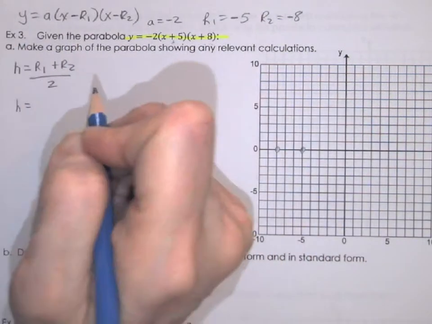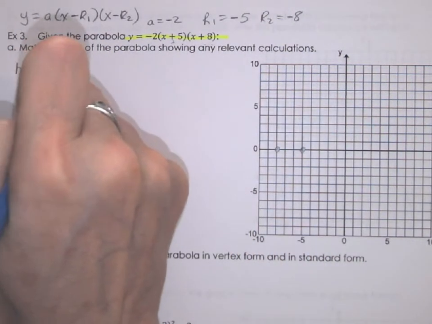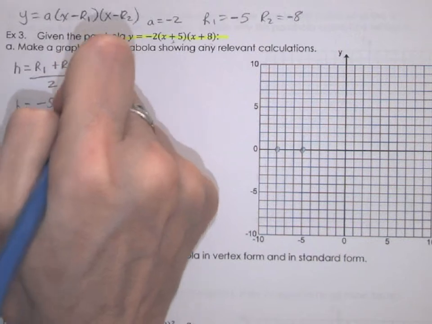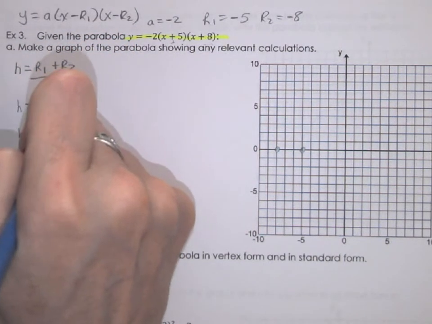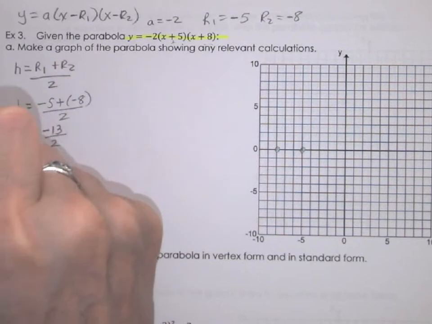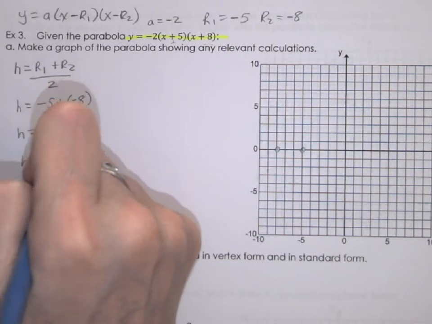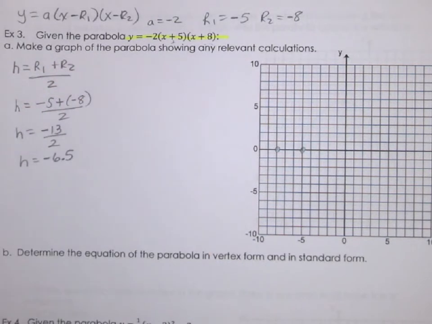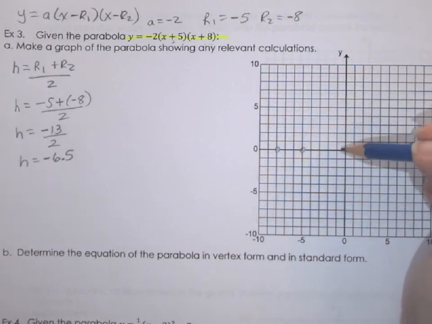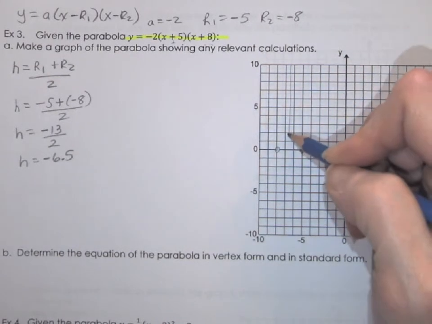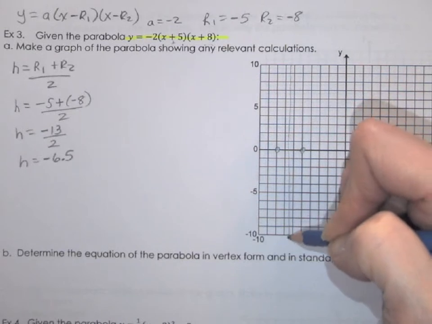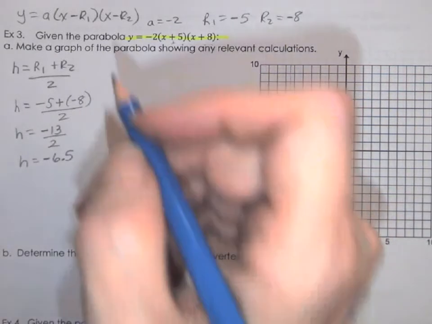So that's -5 plus -8 over 2, -13 over 2, which is -6.5. Okay, so somewhere along this axis of symmetry at 6.5 is going to be our vertex.